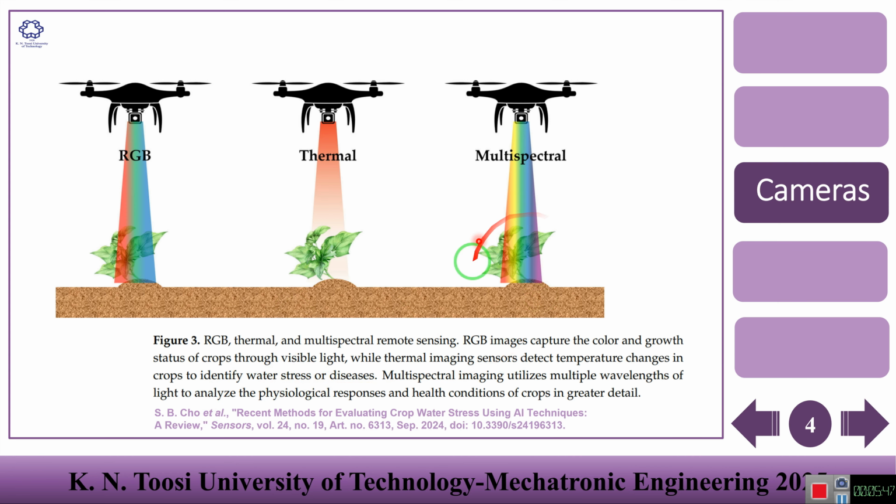And the more advanced one, which is called multispectral imaging, is used for gathering more information of the plant or the crop on the field, so it can analyze and give us more detailed results.